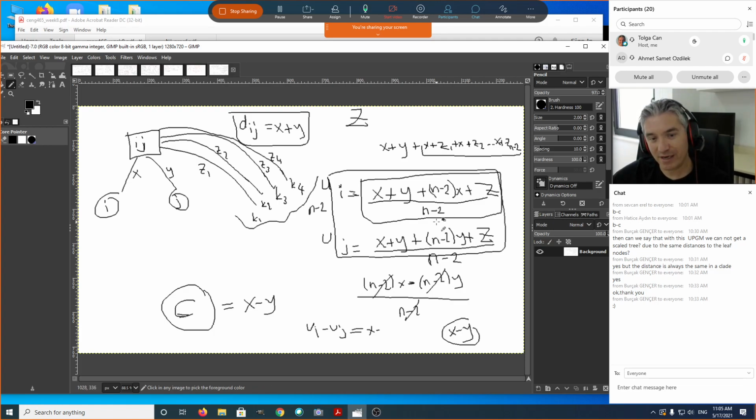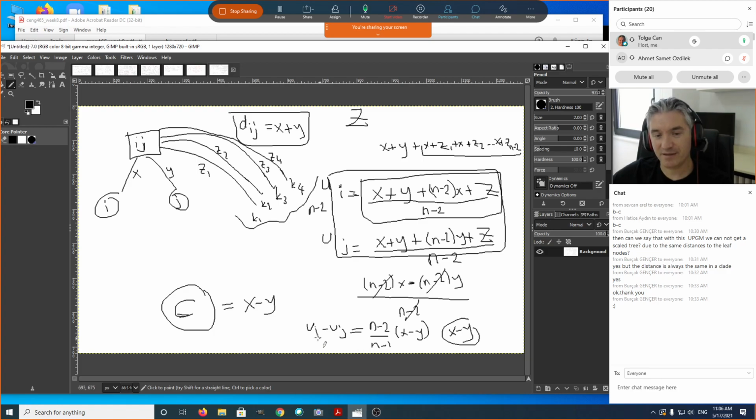If you didn't divide by n minus 2, it would still be possible to get a second equation and solve the system of linear equations, but it would be a more complicated mathematical term. It would be like n minus 2 divided by n minus 1 times x minus y.